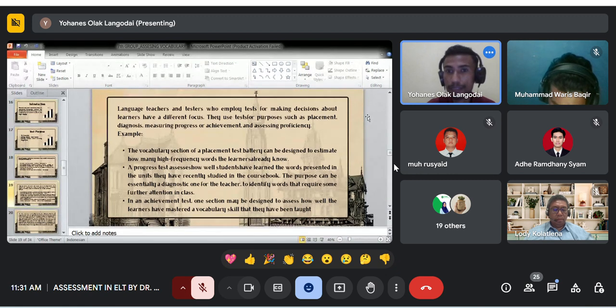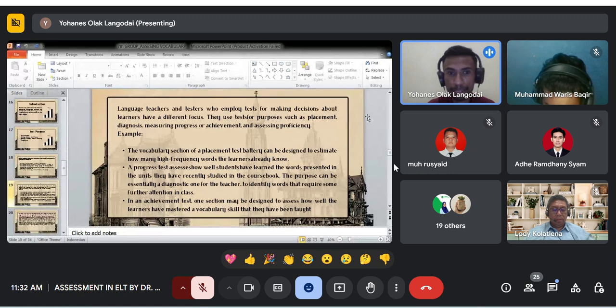They use tests for purposes such as placement, diagnosis, measuring progress or achievement, and assessing proficiency. For example, the vocabulary section of a placement test battery can be designed to estimate how many high-frequency words the learner already knows. A progress test assesses how well students have learned the words presented in the unit they have recently studied in the course book.